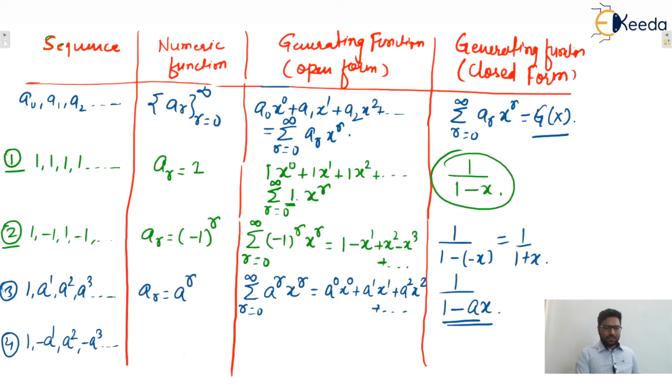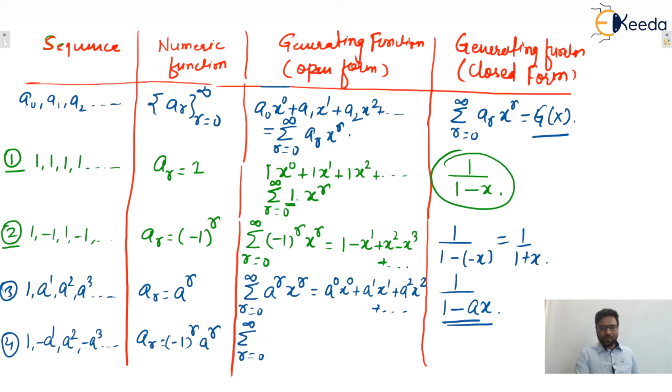So here a_r becomes minus 1 raised to power r into a raised to power r, isn't it? I hope this one is clear to everyone. Okay, always r starts with 0, isn't it? r starts with 0. So you can put the value of r and you can see the corresponding sequence. Now here it can be written like that.